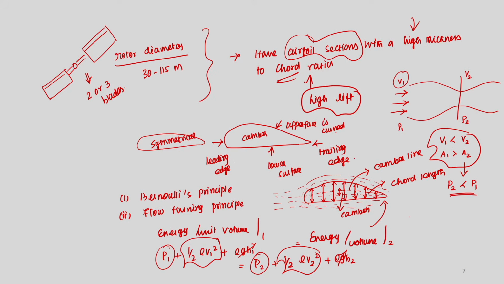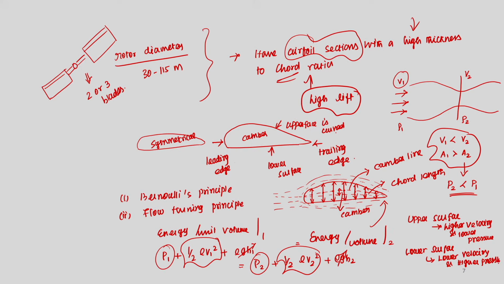The upper surface has higher velocity and lower pressure. The opposite is true for the lower surface: it has comparatively lower velocity, not much lower, and higher pressure.